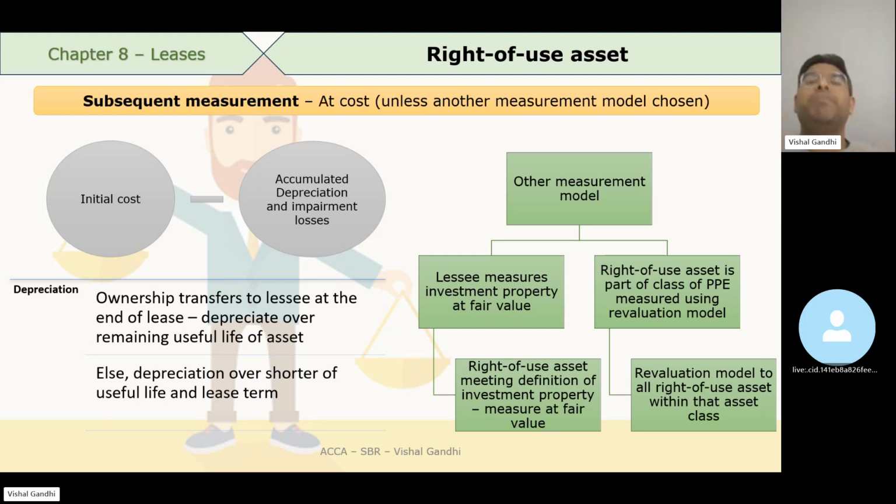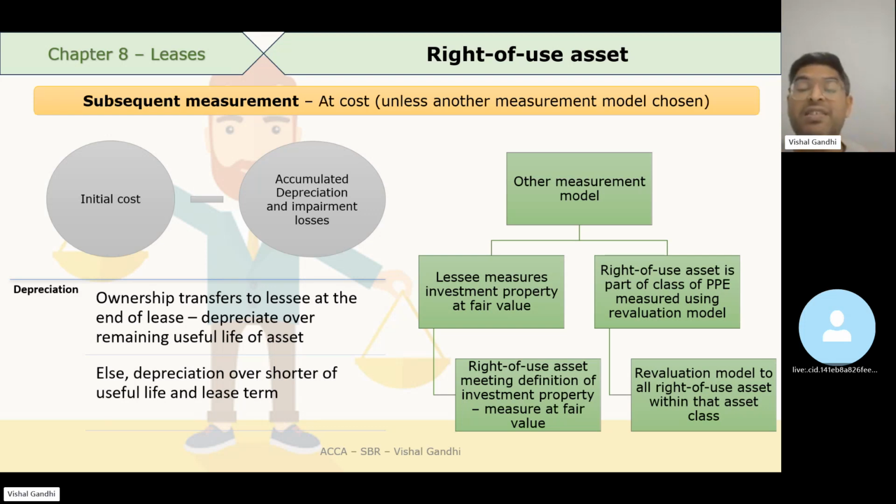Because if the lessee will get ownership of that asset at the end of the lease, that means for its entire useful life, only the lessee is going to use that asset, right? So you should depreciate over the remaining useful life of the asset. But if that is not the case, then depreciation will be over either the useful life or the lease term, whichever is shorter.